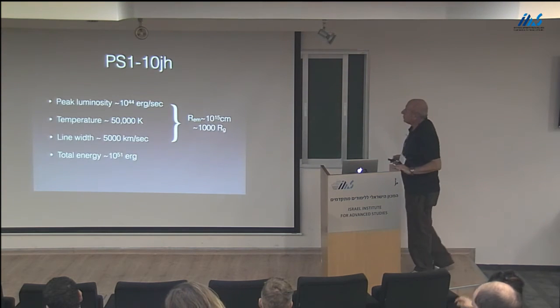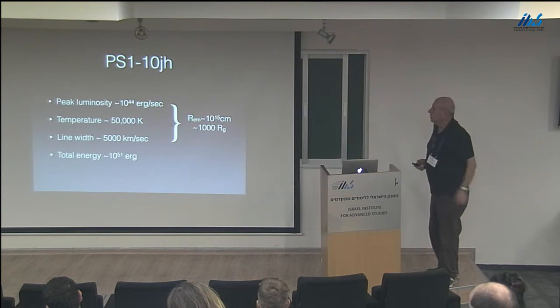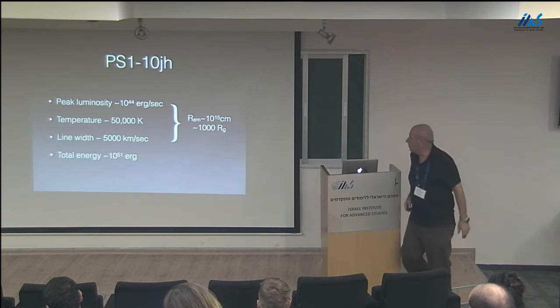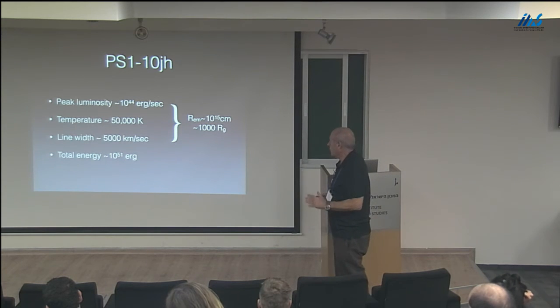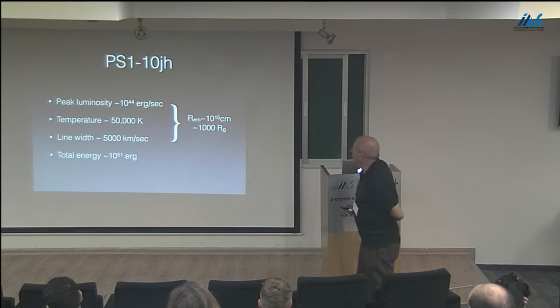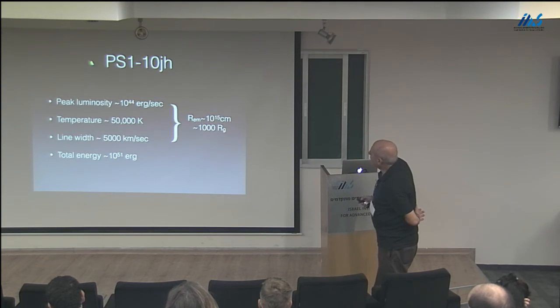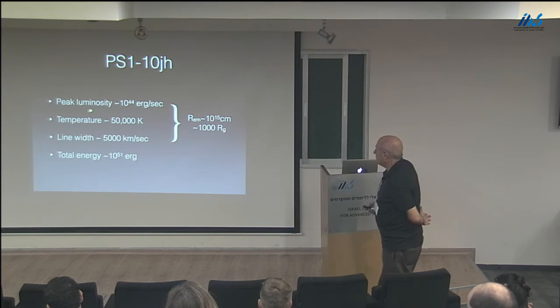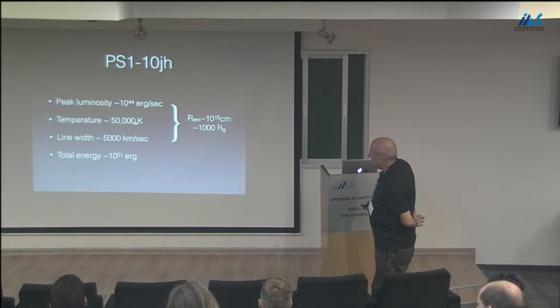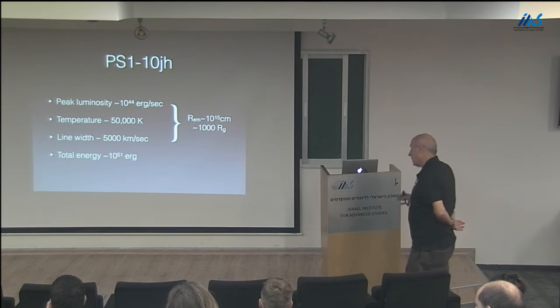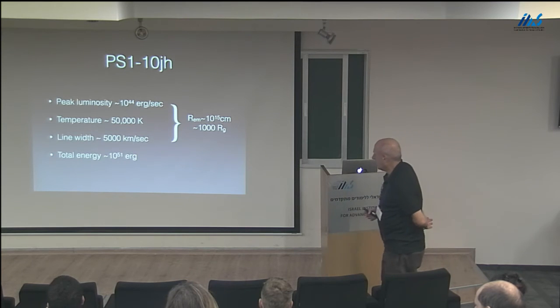Now, what do we see in this object? Actually, most of my talk will be focused on the optical UV transients. There are also X-ray transients, but I'll be talking only about the optical UV transients. So what do we see here? We see a peak luminosity of 10^44 ergs per second, a temperature of about 50,000 degrees, and a line width of a few thousand kilometers per second, about 5,000.